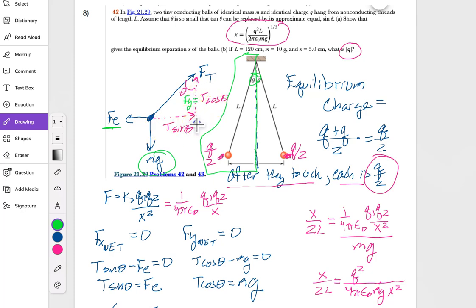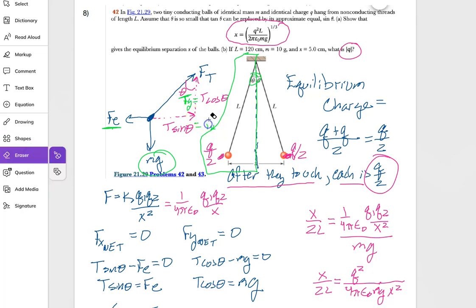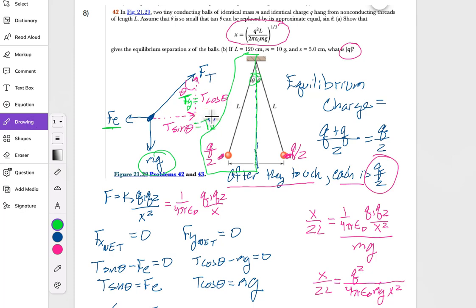And the force of tension in the x, we could make this other one just Tx. So here we've got Tx. There we go. T sine of the angle is the tension in the x direction.